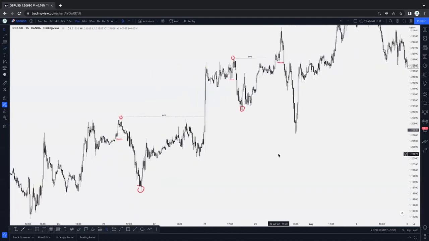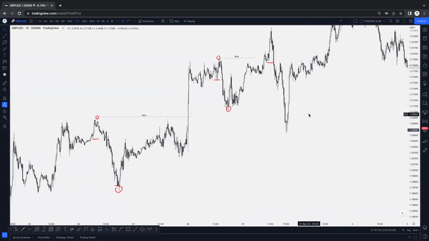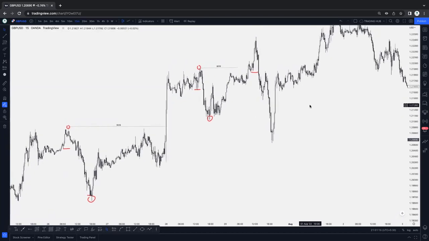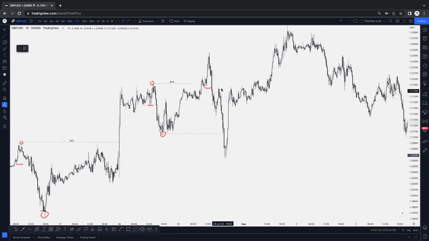So the 15-minute took out the low to mitigate something in a higher time frame, maybe in the 4-hour or maybe the 1-hour. This low can be your 1-hour inducement, and then the market went higher. So technically, as per the 15-minute, this is your BOS. Then what happened here? The market again broke the structure, and this one is a CHoCH.